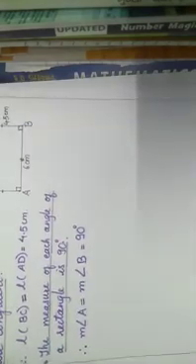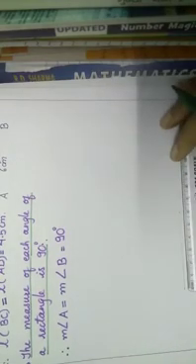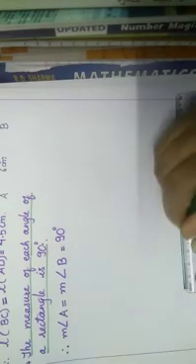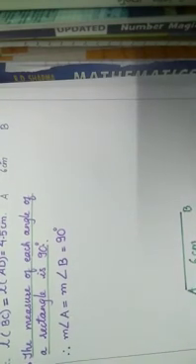Let us construct this rectangle by the given information. First of all, take a ruler and draw one segment as 6 cm. So take length as 6 cm, 0 to 6, and write down over there 6 cm. Give the name as AB.